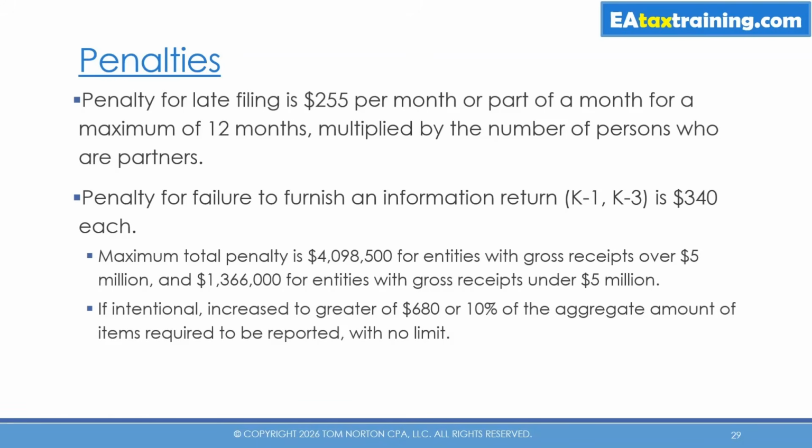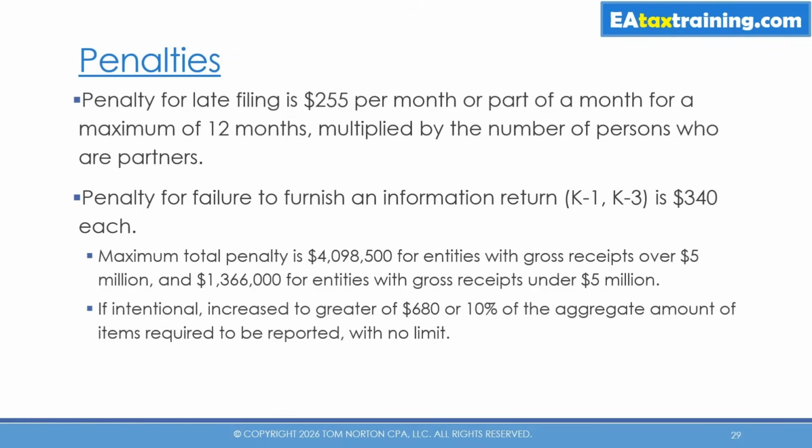So instead, they have this flat amount per partner per month or part of a month. So it's $255 per month, but you have to have at least two people to make a partnership. So you're going to have at least two partners. So you're talking about a minimum $510 per month or part of a month as the late filing penalty.